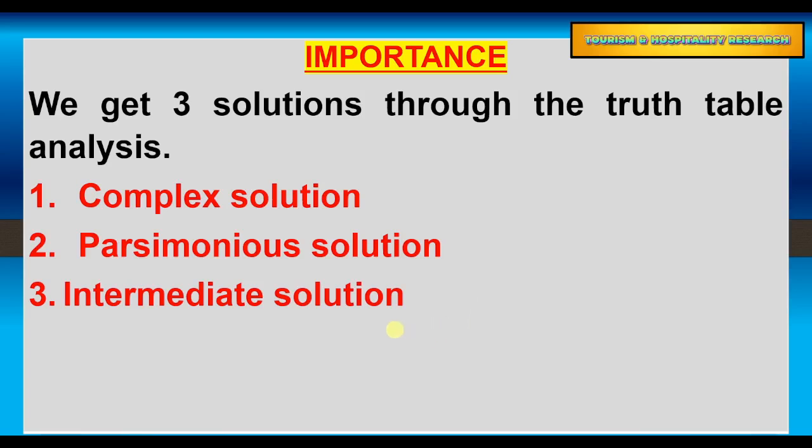The third is the intermediate solution, a combination of complex and parsimonious solutions. That is why in the literature you'll often see that scholars report the intermediate solution. They interpret the intermediate solution results for FSQCA.